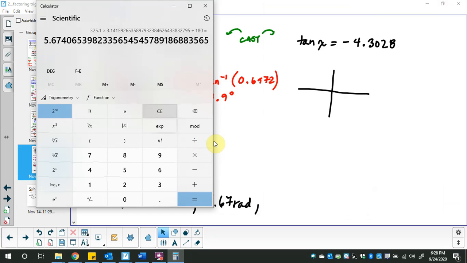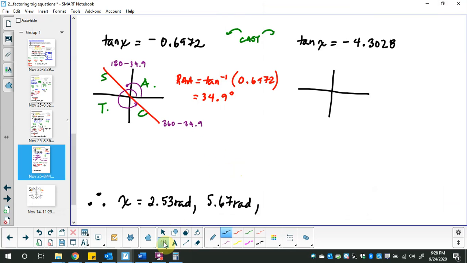So this time for my RAA, and all of this is review from the last lesson, so you're getting a 2-for-1 deal. RAA is equal to second function tan of 4.3028. And at some point, whether it's now or later, you should actually draw yourself a little CAST rule so you can figure out where things are.